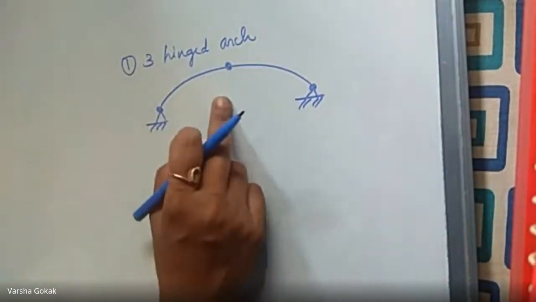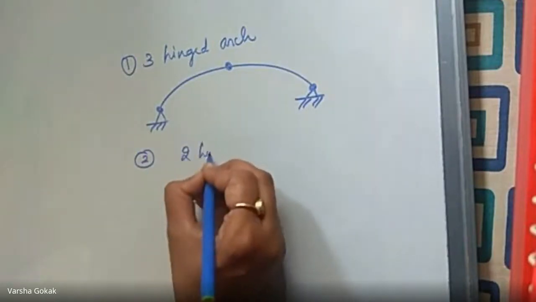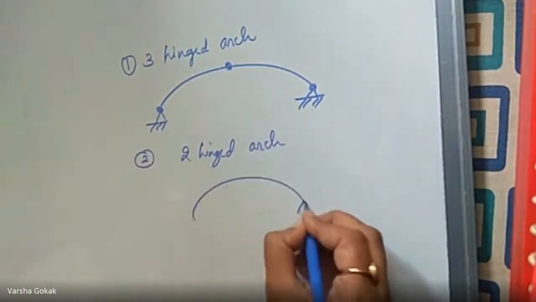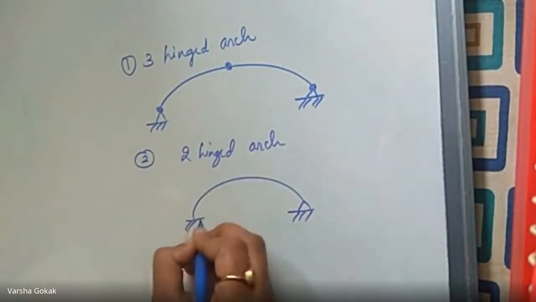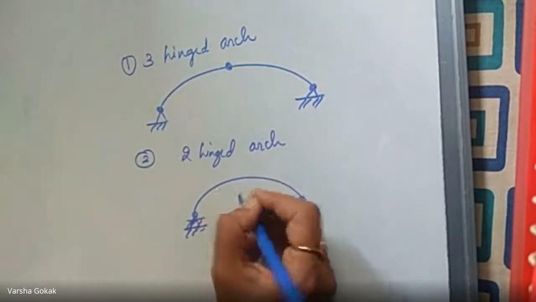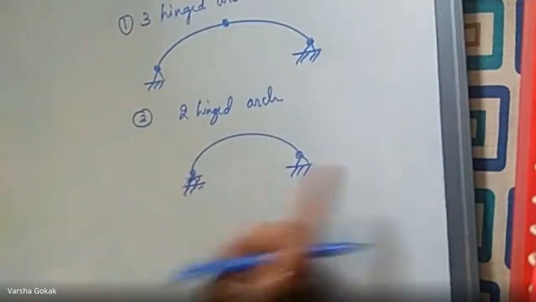So this is a three-hinged arch. Second type is a two-hinged arch, meaning hinges are provided only at both ends, here and here. No hinge at the crown. So this is three-hinged, 1, 2, 3. This is two-hinged, only these two.